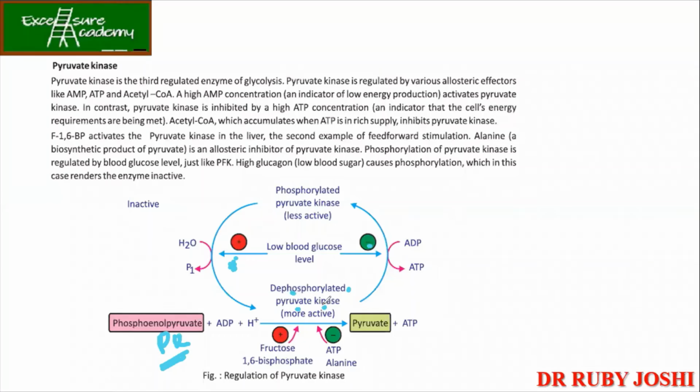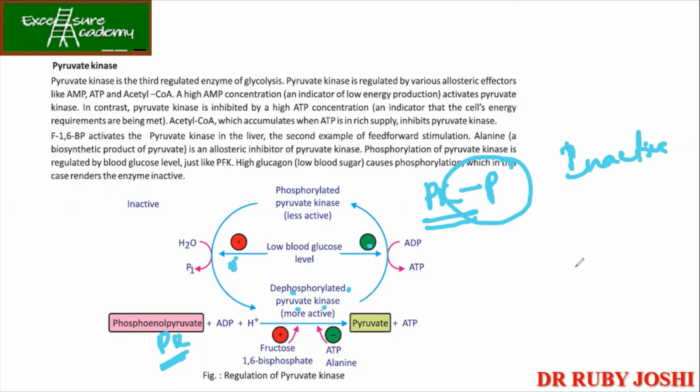If PK has a phosphate group, it means it is inactive. If PK is normal, then it is active. Is that clear? Yes, ma'am.